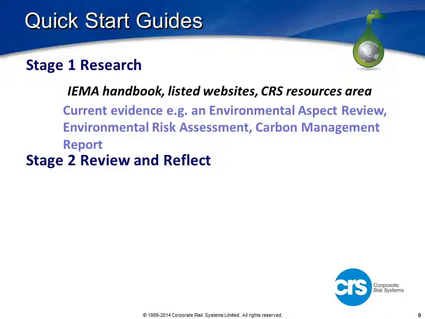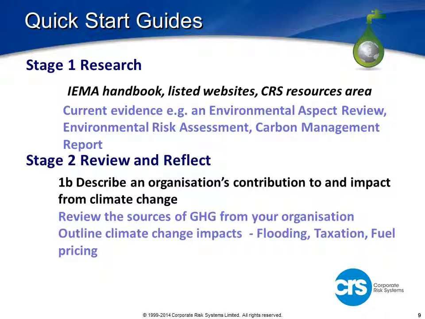For example, performance criteria 1B, describe an organisation's contribution to and impact from climate change, will incorporate the knowledge and understanding elements such as reviewing the sources of greenhouse gases from your organisation and outlining the impacts of climate change to your organisation, not only in terms of the wider impacts to the environment such as increased flood levels, increase in drought and desertification, but impacts such as increased levels of taxation and increases in fuel pricing.